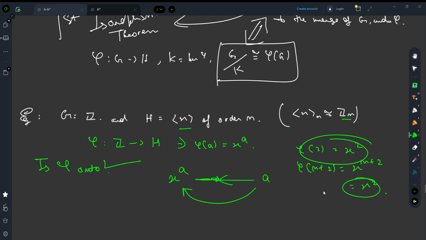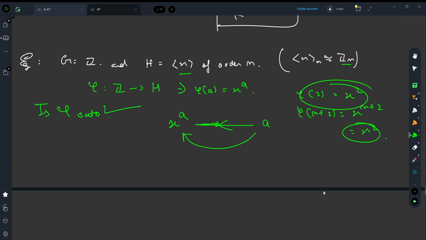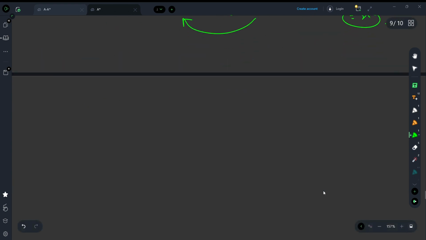What can I say about choosing any element of the form x to the power a in H and its fiber? Observe. So let x to the power a be in H. Then what is phi inverse of x to the power a? That is my question.